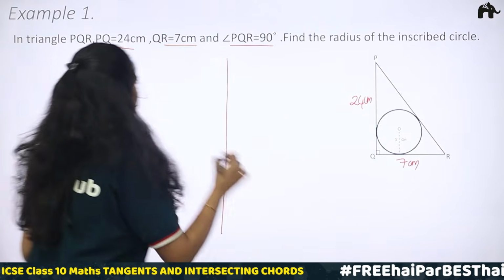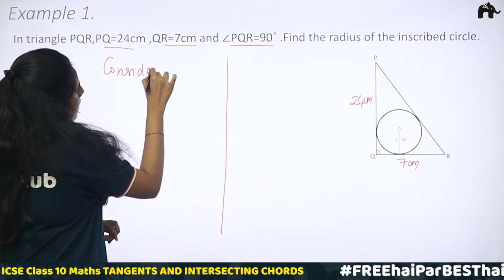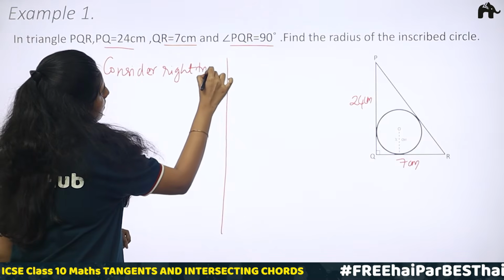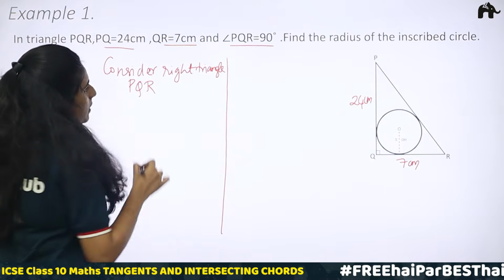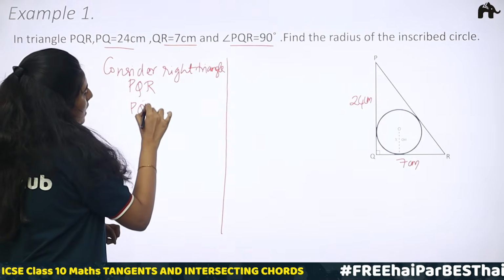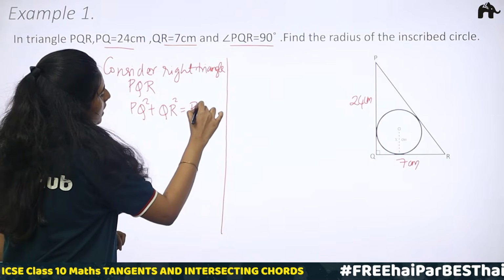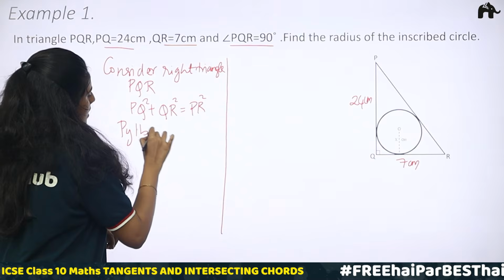Okay. Now, consider right triangle PQR. We'll be having PQ square plus QR square is equal to PR square. That is, we are applying Pythagoras theorem here.